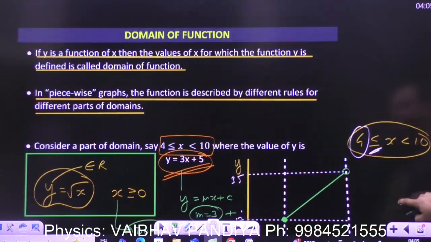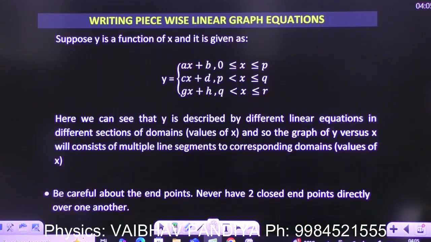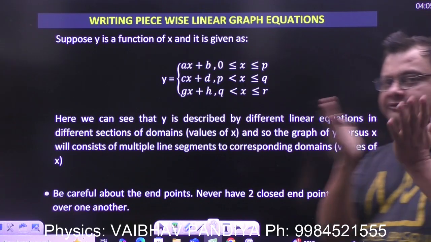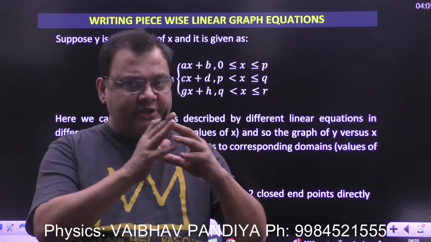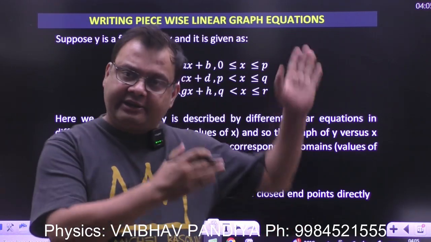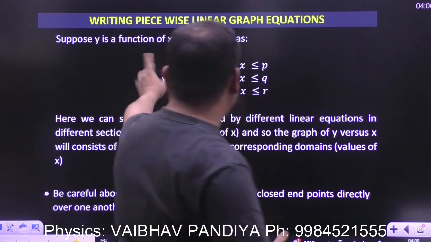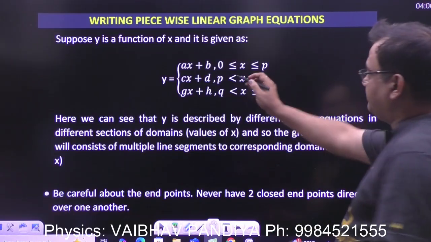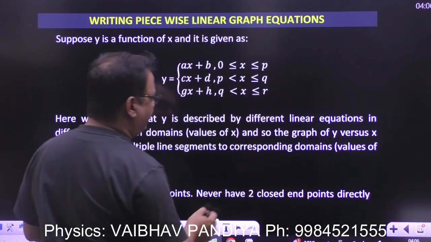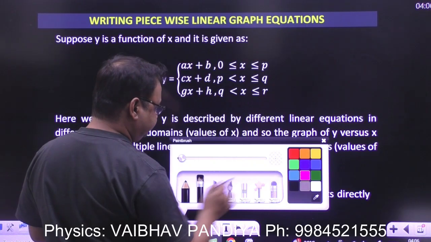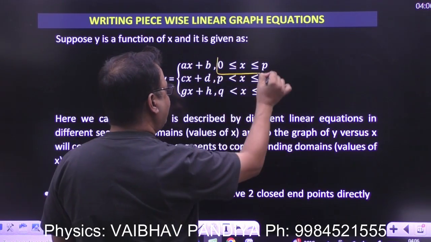Got it? Now let's see. Whenever we have a piecewise graph, we have already seen the function will be described by different sets of linear equations in different sets of domains. So suppose, just to illustrate a format, we have y as a function of x, and we have different domains, say between 0 and p.